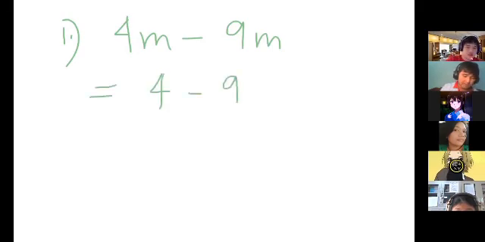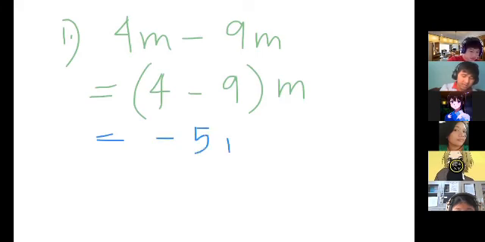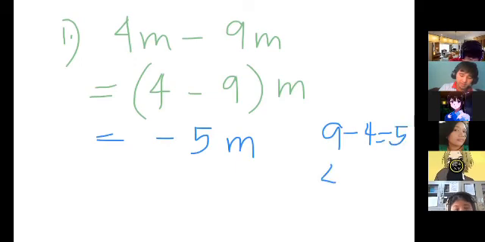So let's say I have 4m minus 9m. So that is just equal to 4 minus 9. Same, but this time we're going to subtract. So what's 4 minus 9? Negative 5m. 9 minus 4 is 5, so 4 minus 9 is negative 5. So negative 5m. Okay?